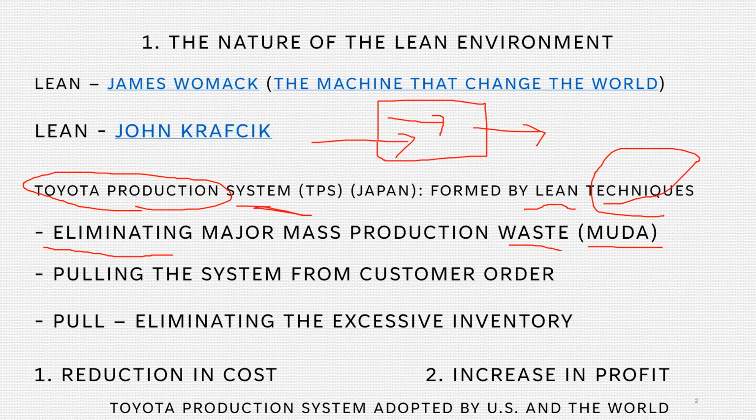Pull the system, meaning we're going to produce only the order we receive. We call that the pull system, and that comes from the customer order. Only when there's a customer order are we going to run the production. In other words, we call it pulling the production system. Short term is just pull. So that means eliminating the excessive inventory.